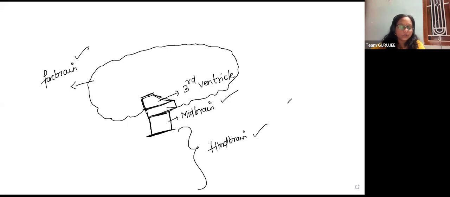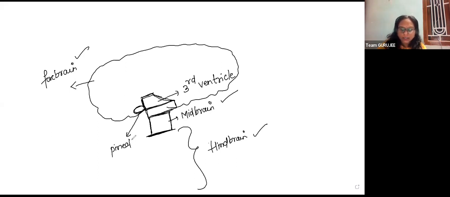Now, here you have to understand one thing. This third ventricle is very important. Because in this third ventricle, at the back side, suppose I'm standing, turning to my left, at the back side of the third ventricle there will be a gland called the pineal gland. What is the name of that gland?